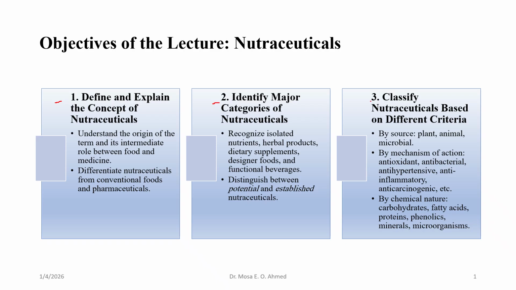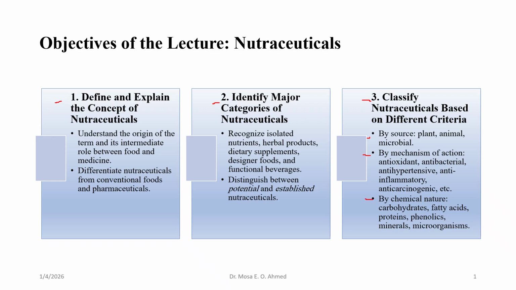Objective 3 of this lecture is to classify nutraceuticals based on different criteria, or mainly based on three main criteria. One of them by source, or by mechanism of action, and by the chemical nature.